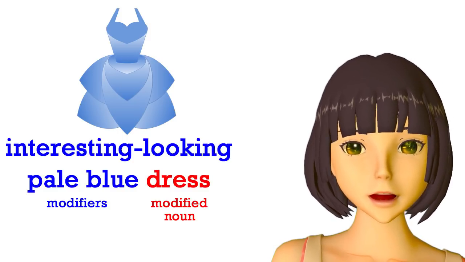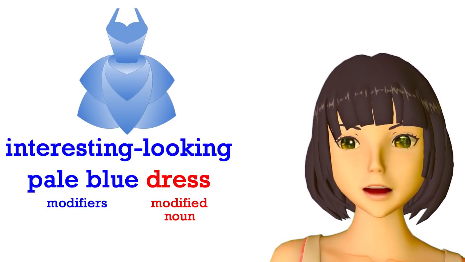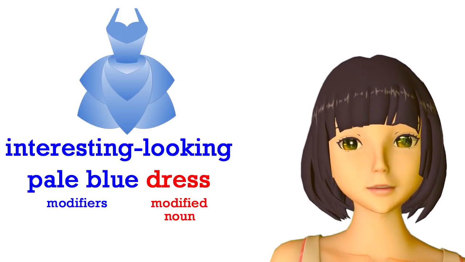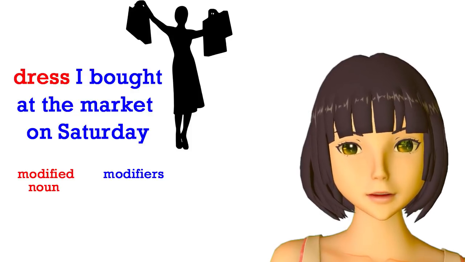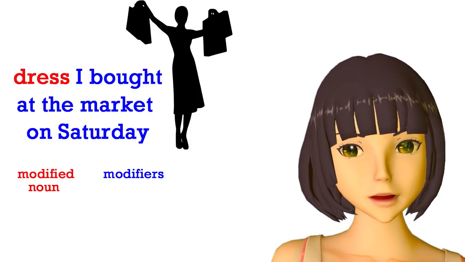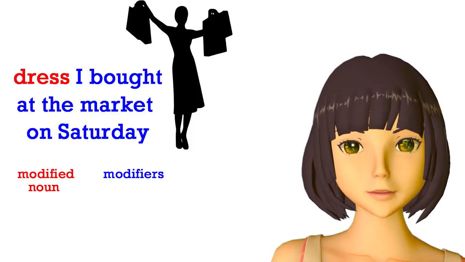However, when modifiers become more complex in English, we start throwing them on the other side of the noun. So if we want to say, the dress I bought at the market on Saturday, now dress comes first and the modifier comes afterwards. And sometimes we're throwing modifiers onto both sides of the noun.